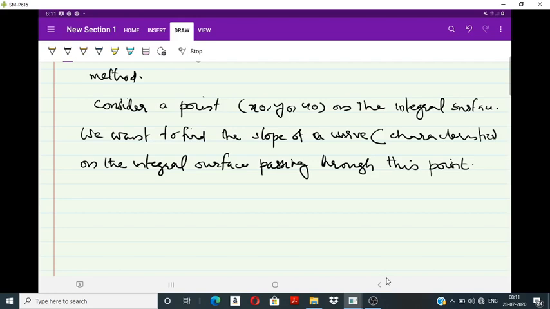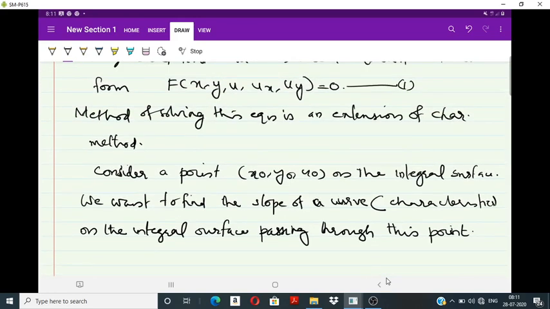But here the equation is in the form f of x, y, u, ux, uy equal to 0, so from the equation we can't find this directly.